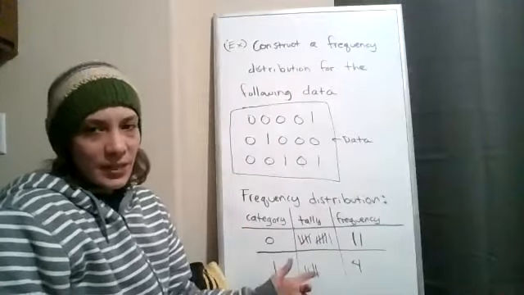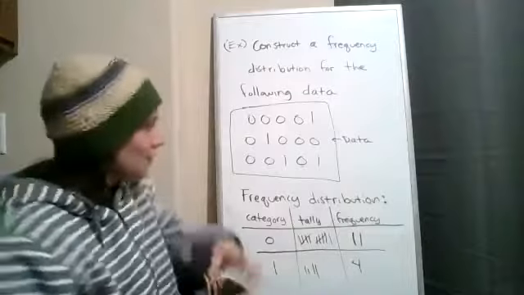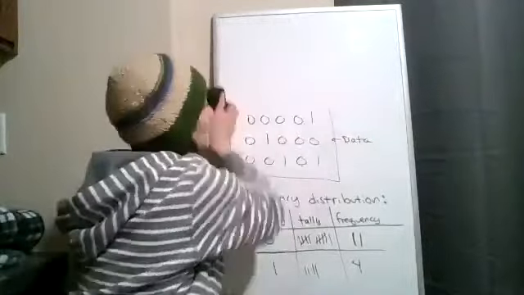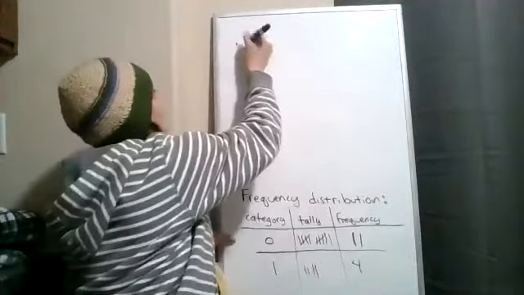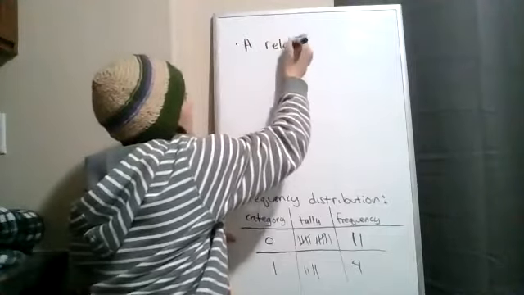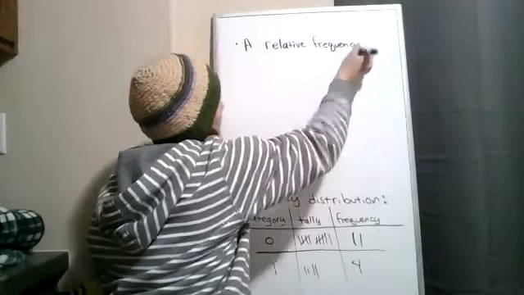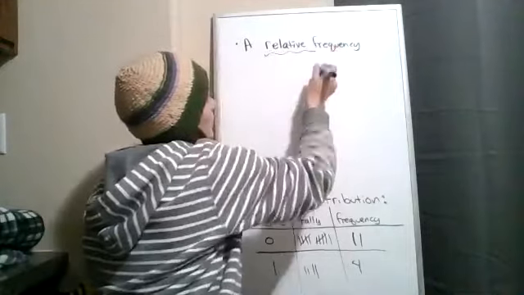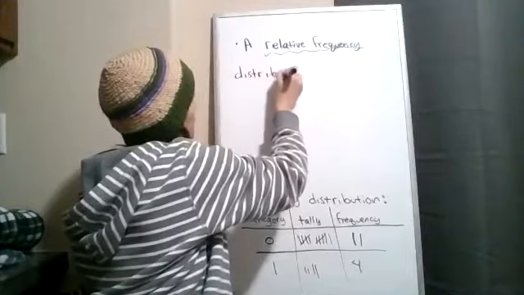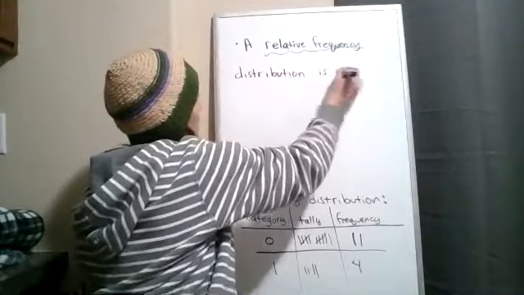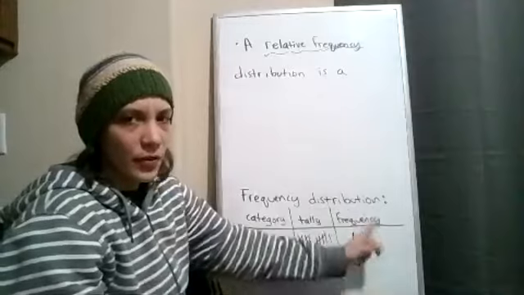Last thing for today is very similar to this, just a little extra bit. It's called a relative frequency distribution. It's a frequency distribution with an extra column for relative frequencies.